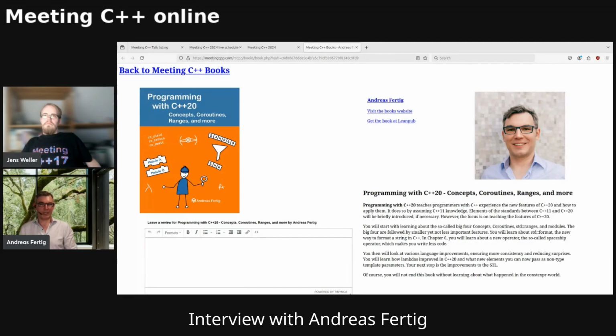GCC and LLVM Clang didn't implement std::format at the time, so there were practically no users. But there were already people having written books. And so this now bites me that we changed things in C++23 itself.